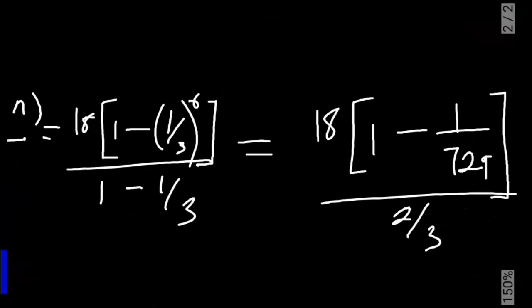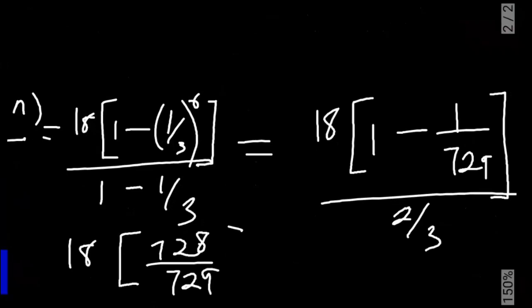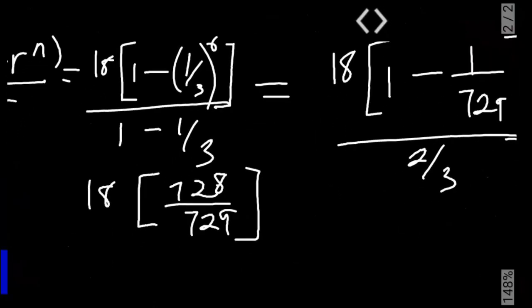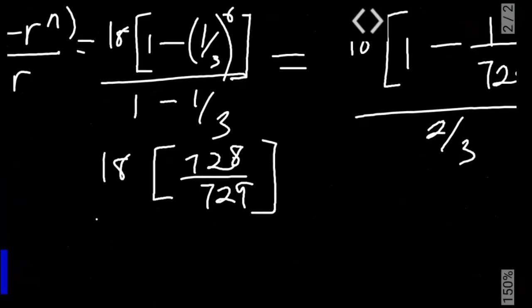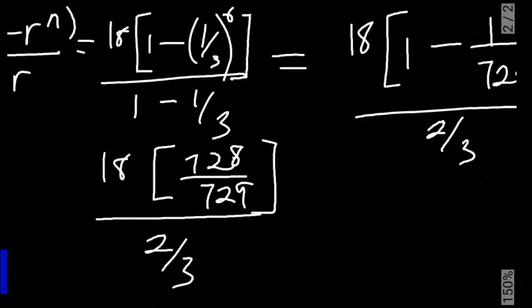From here we have 18 times 1 minus 1 over 729, which is 728 over 729, all over 2 over 3. We can split this in this way.